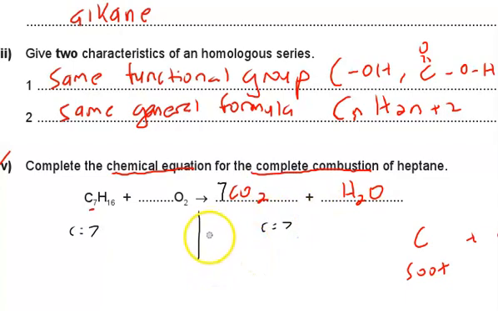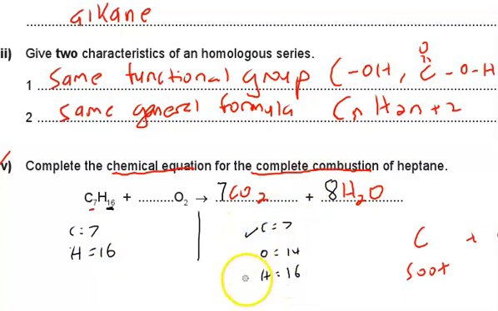Now we look at oxygen. Here you have 14, so 7 multiplied by 2 gives 14. And here, I'm not sure. So let us solve the hydrogen first. Hydrogen, here you have 16 atoms, so here we have to add 8 and you get 16 too. So hydrogen and carbon are the same on both sides.